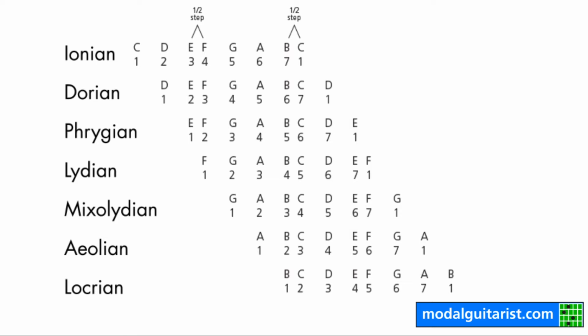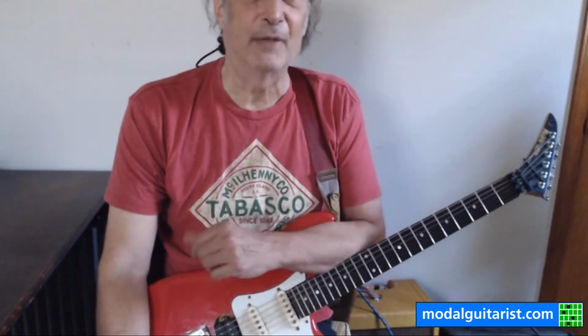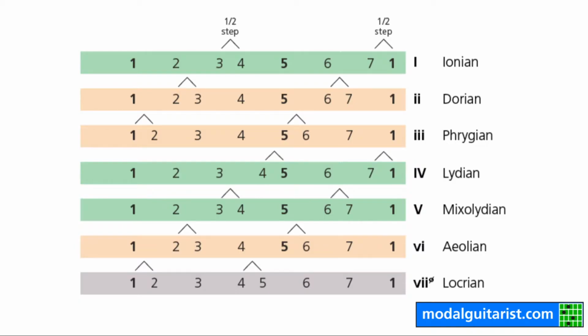We have our number 1, which is Ionian, number 2, Dorian, number 3, Phrygian, number 4 is Lydian, number 5, Mixolydian, number 6 is Aeolian, and the number 7, Locrian. Anyway, let's take all these 7 modes and line them up now, so that you can see that obviously 1 is in the same position.